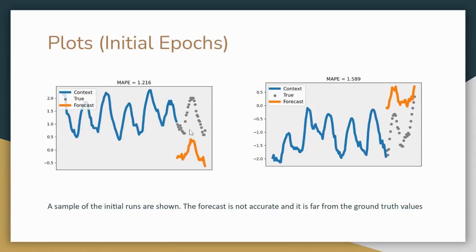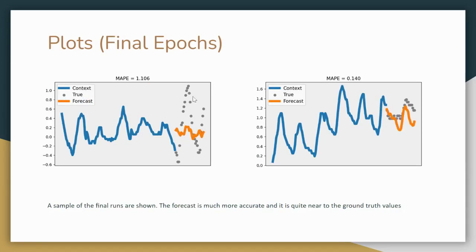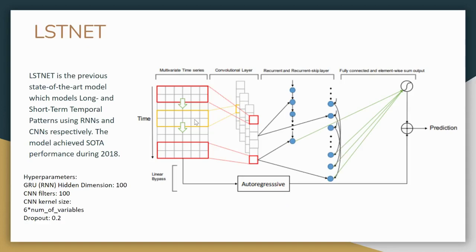In the initial epochs, there is a huge difference between the ground label and the forecasted output from our model. Considering the same in the final epochs, the difference between them got reduced, but even then, this is not very accurate as the linear model is the first model used, whereas coming to the next models, this difference will be lesser. So coming to the next model, which is LSTNet.